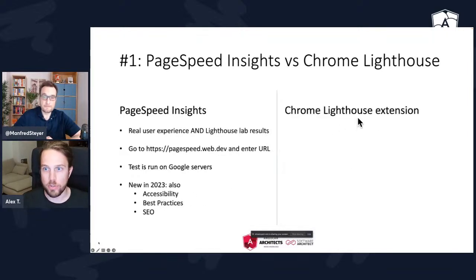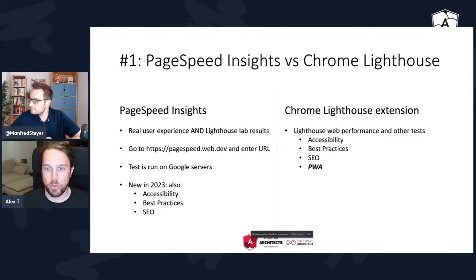Whereas Lighthouse is a Chrome browser extension, and you can run the same Lighthouse test that's being used in PageSpeed Insights on your own computer. The big advantage here is that you can also do this during development, when you run your Angular application or any other website on your localhost.